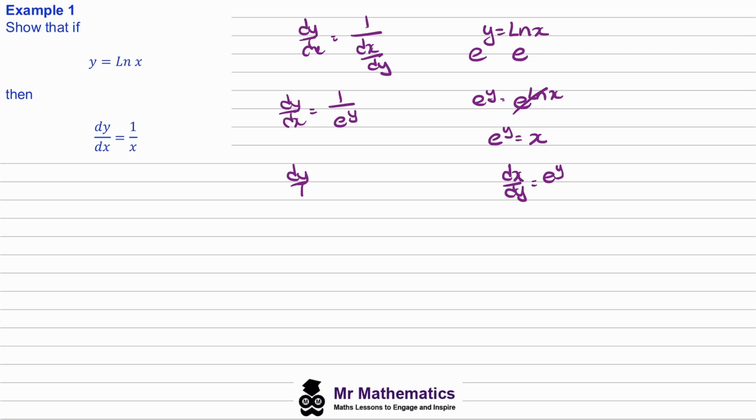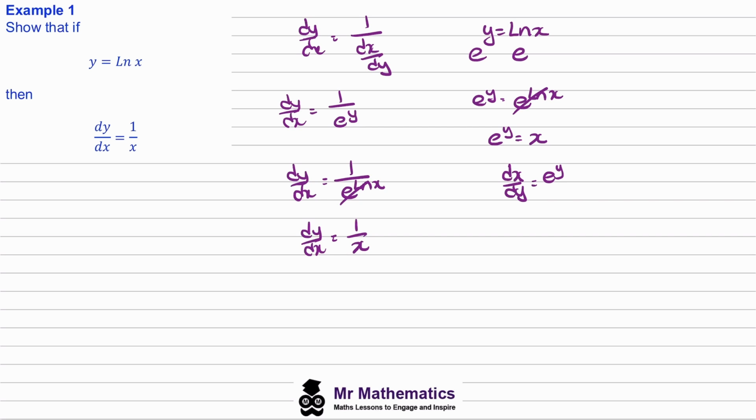So dy by dx will be 1 over e to the natural log of x. And again, this e and the natural log will cancel. So dy by dx will be 1 over x. And this is the proof of that derivative, okay? This is a really easy thing to remember, but it's good to know where it comes from.